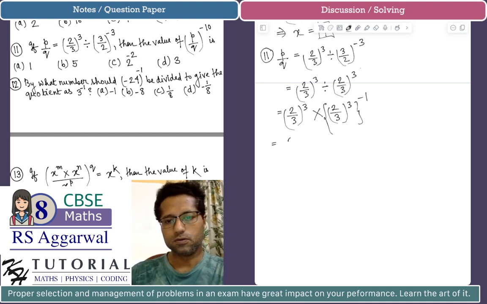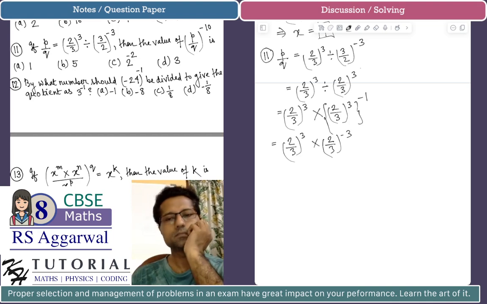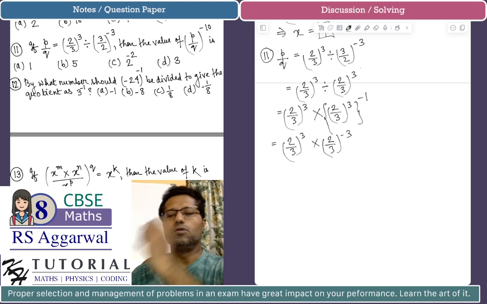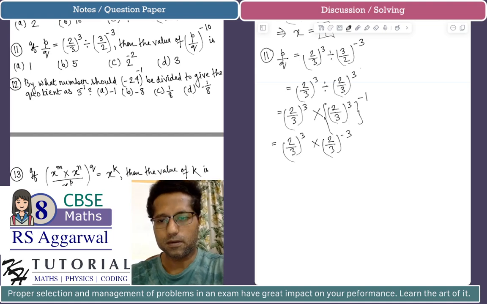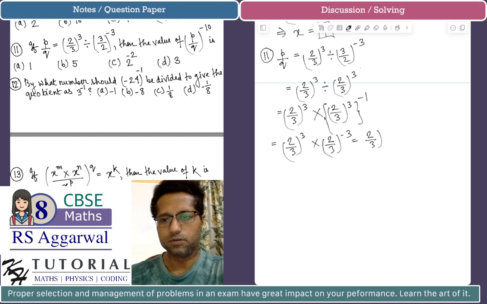So this is equal to 2 by 3 cube multiplied by 2 by 3 raised to the power minus 3. This is equal to 2 by 3 raised to the power cube multiplied by 3 by 2 raised to the power 3.